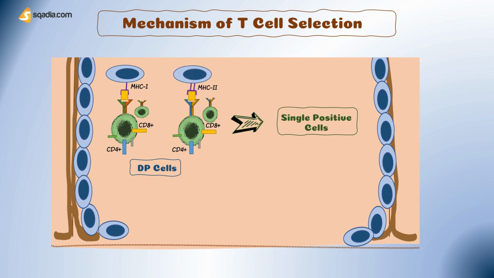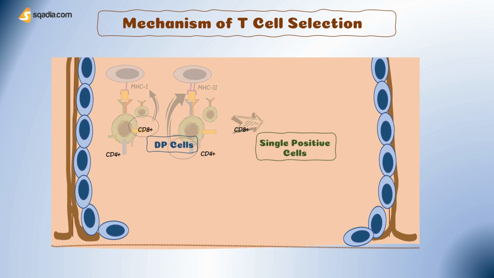So, during this selection, it has to be decided whether the DP cell recognizes the antigen presented on MHC class I or class II molecules. If you recall our video on MHC and antigen presentation, you will remember that the CD8 molecule recognizes MHC class I and CD4 recognizes MHC class II.